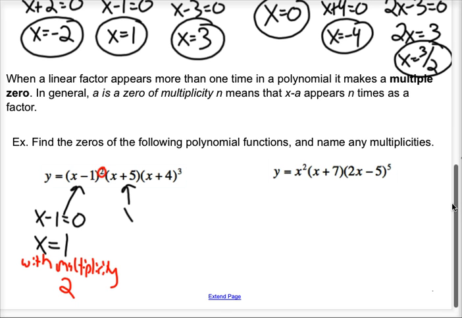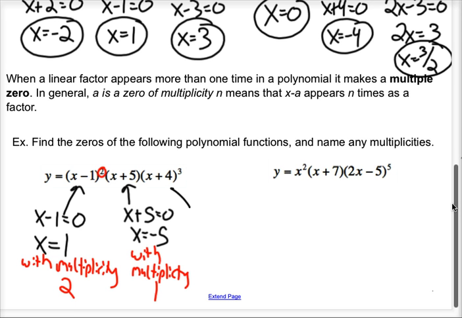What about this? So x plus 5 equals 0. So x equals -5. Now, that one, notice it does not have an exponent, so it doesn't really have a multiplicity. Or if you want to give it a multiplicity, with multiplicity 1. Okay? Otherwise, if there's no exponent there, it's a 0 just like we've always treated zeros.